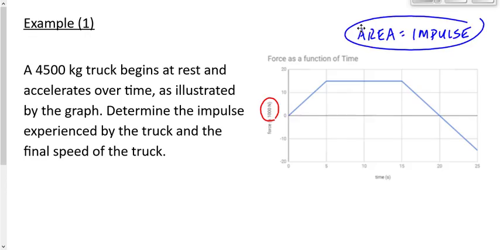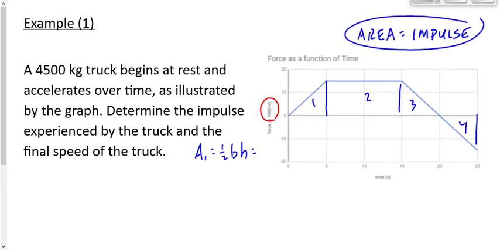We'll just get the impulse first. We have 4 different sections, really: 3 triangles and a rectangle. The area of the first triangle is 1/2 base times height. That's going to be 1/2 of the base. What's the base here? Hard to see it on the board, but I think you can see it on your handout.